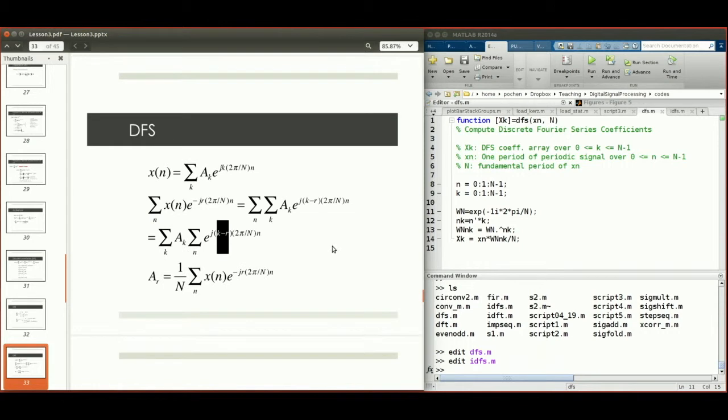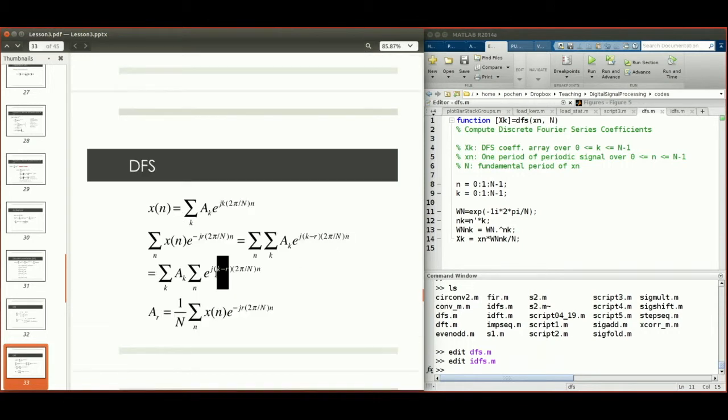So what's going to be the value of the summation here? When r equals k, you get a value of big N. When r is not equal to k, you get a value of 0 for this particular summation.